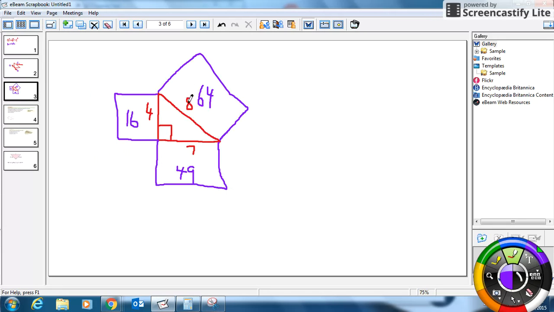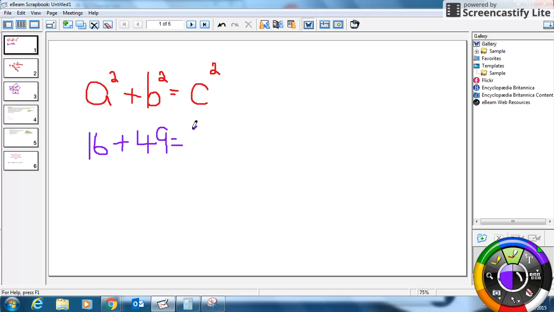And in this case, we said the square of c, or our hypotenuse side, is 64. Well, is this true? All right, let's figure this out. 40 plus 10 is 50. 9 plus 6 is 15.